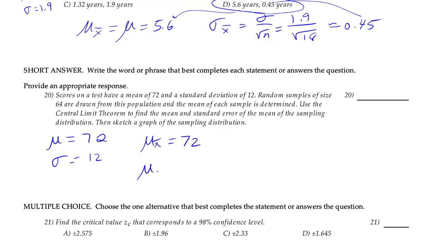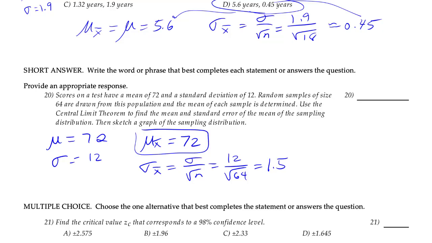And the standard error would be sigma over the square root of n. So that's 12 over the square root of 64, and that's 1.5. So we got a mean of the sampling distribution of 72 and 1.5 for the standard error.